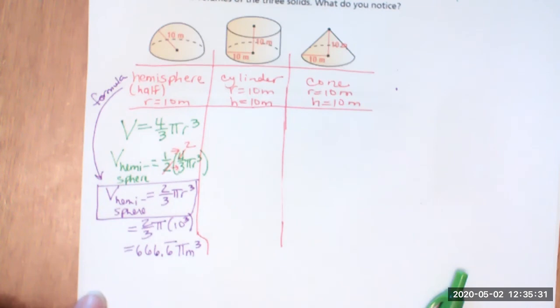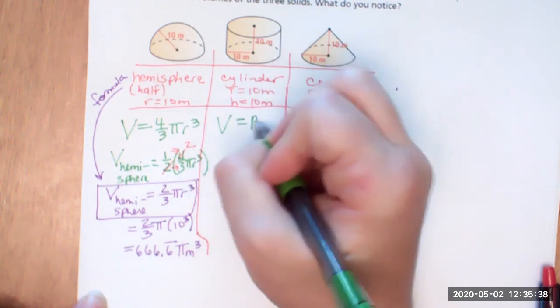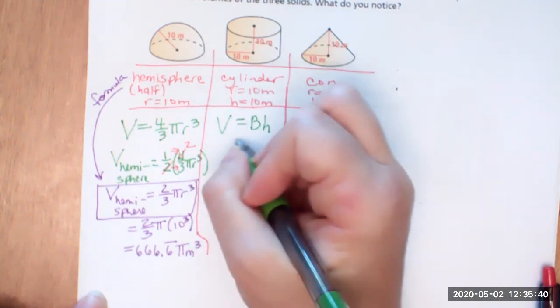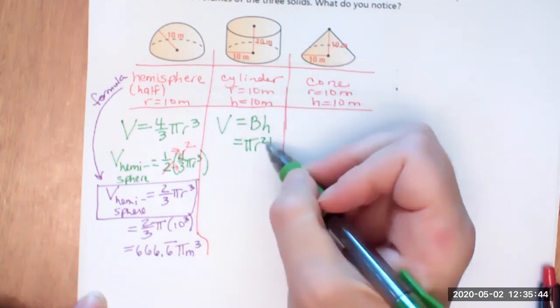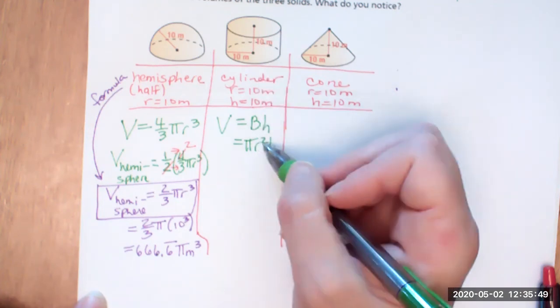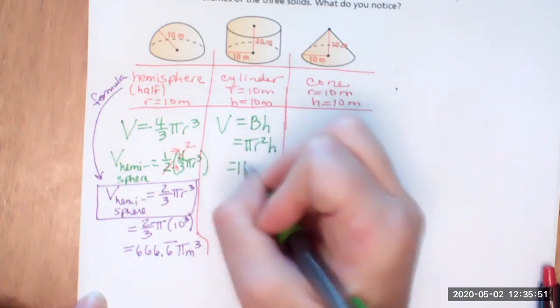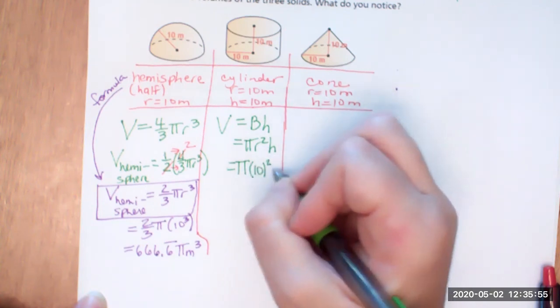Okay, now let's look at the volume of a cylinder. Okay, we know the volume of the cylinder is the area of the base times the height, which is pi r squared times h, because the base, of course, is always going to be a circle, pi r squared. So we've got pi times the radius, which is 10 squared, times the height, which is 10.